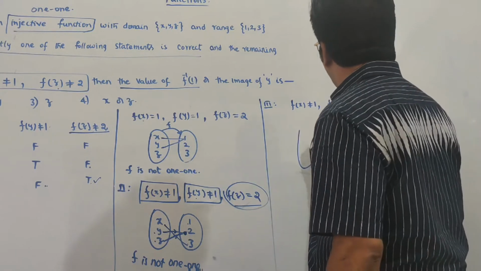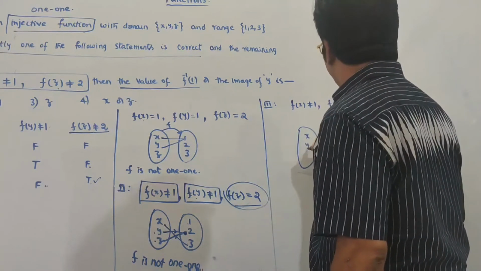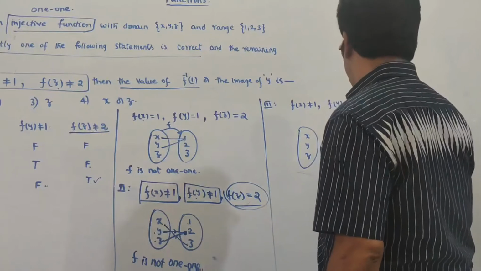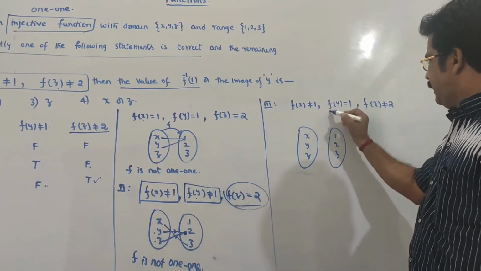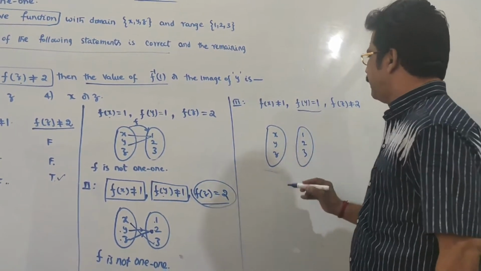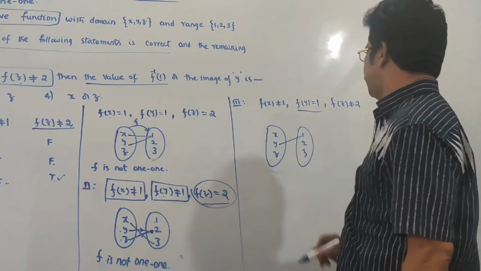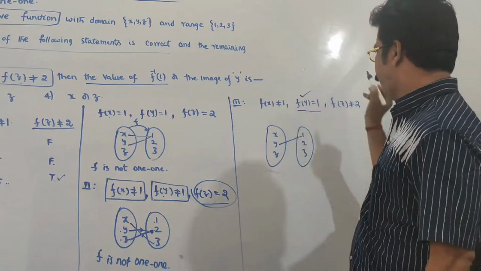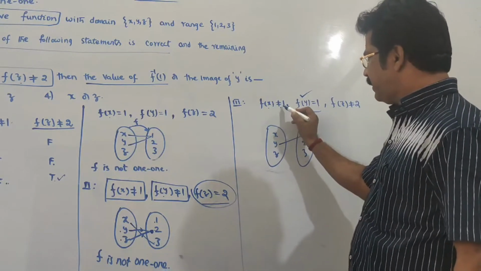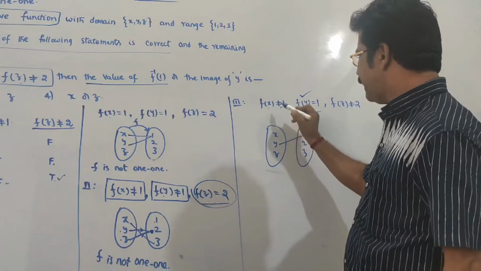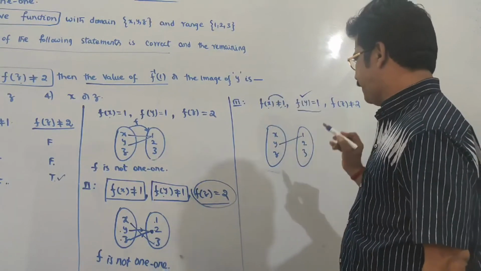Therefore, domain x, y, z and range 1, 2, 3. First, y is mapped with 1. Next, f of x not equal to 1 means x is not mapped with 1.